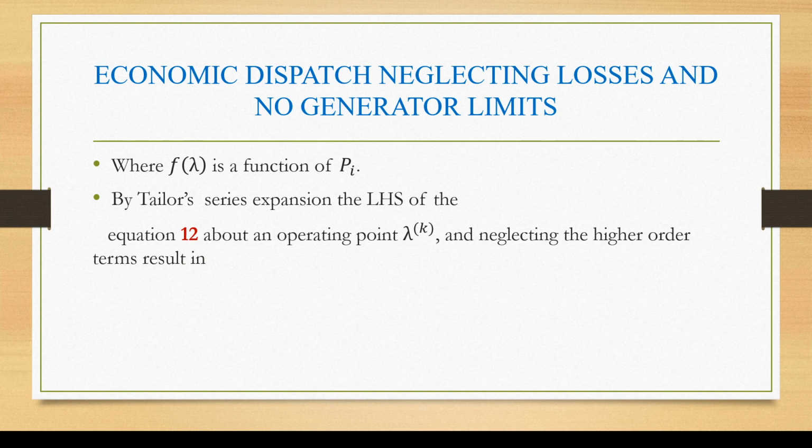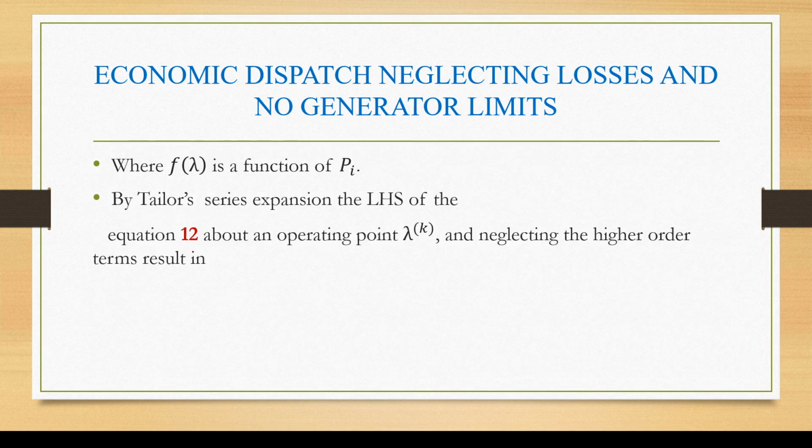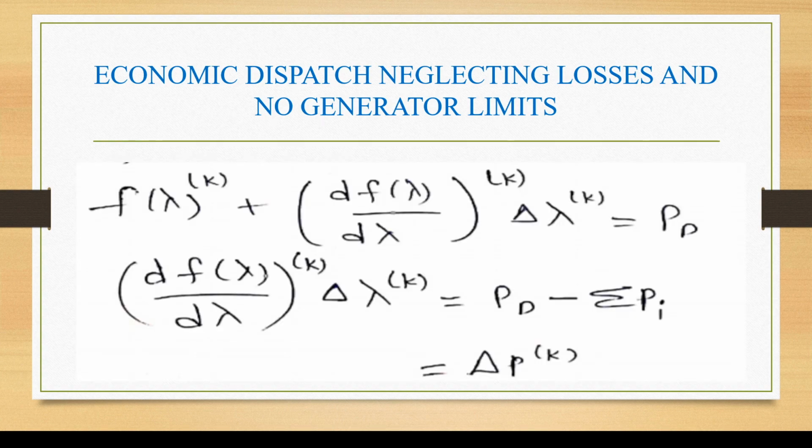By Taylor series expansion, the left hand side of equation 12 about an operating point lambda k, neglecting higher order terms, will result in f of lambda k plus d by d lambda of f of lambda k delta lambda k equal to Pd.